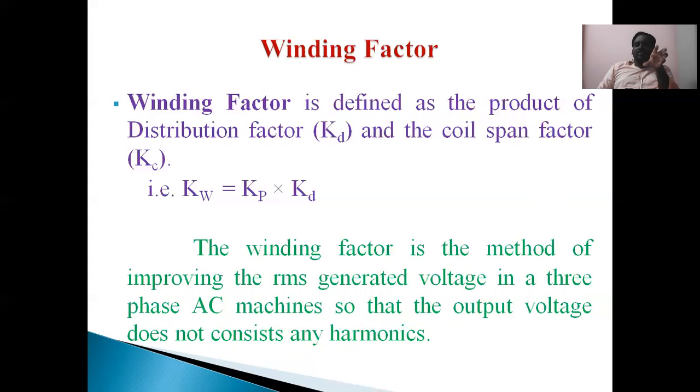When a pure sinusoidal waveform is obtained, there are no harmonics, and the RMS voltage will be obtained. The harmonics are eliminated by using double layer windings, distributed windings, and chorded coils. Chorded coils means the coil span is less than the pole pitch. Is it right? Okay, thank you.